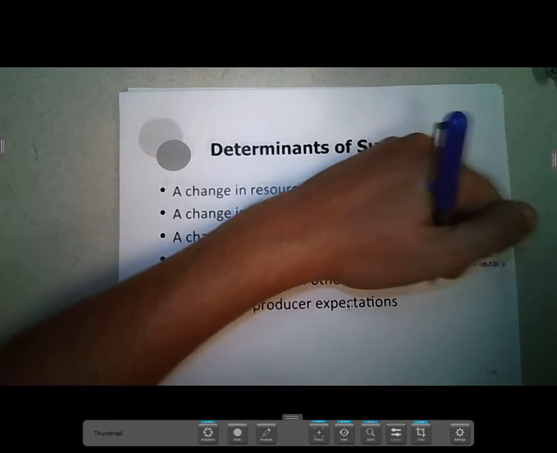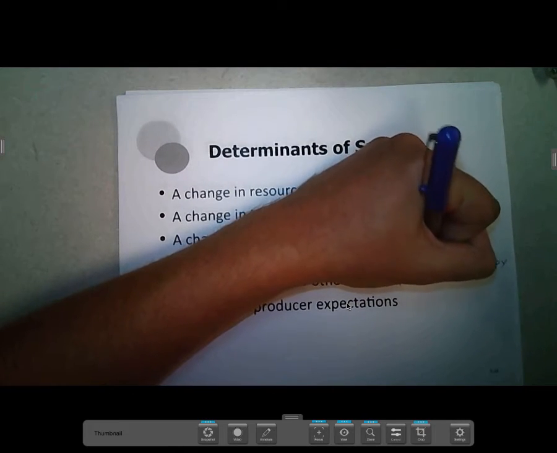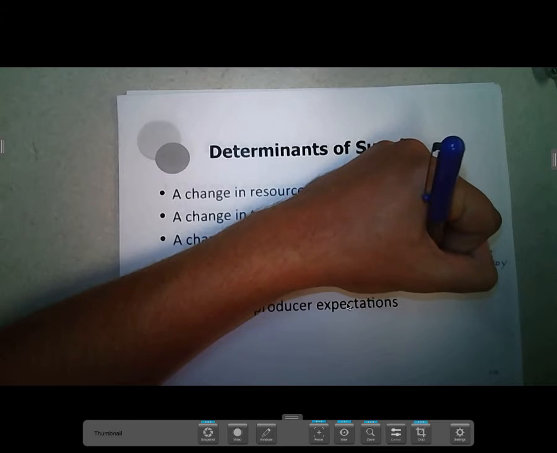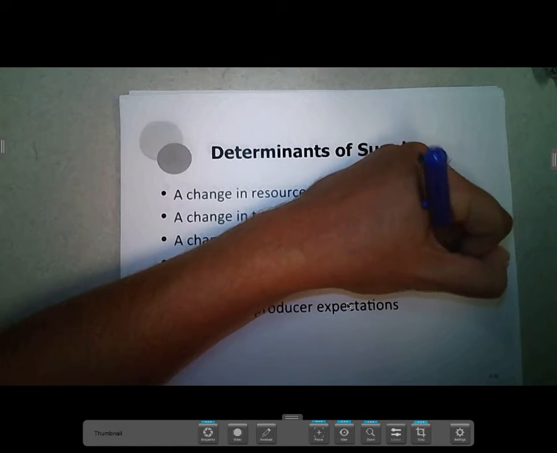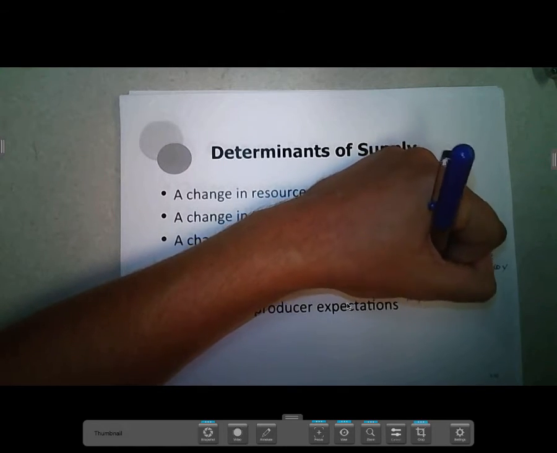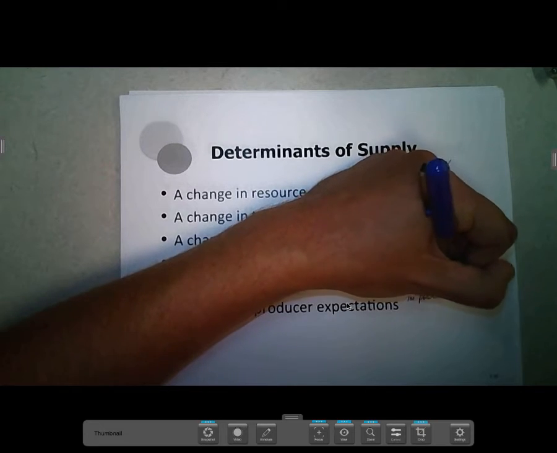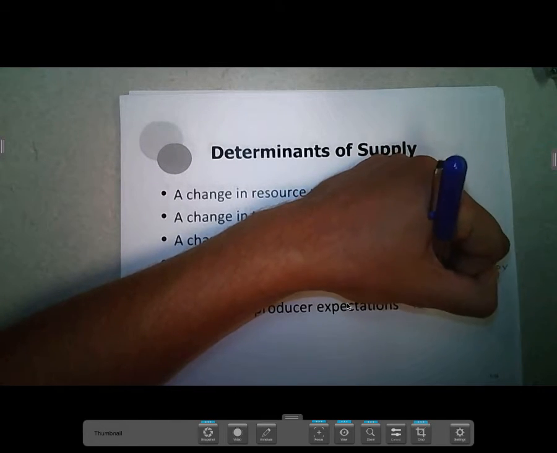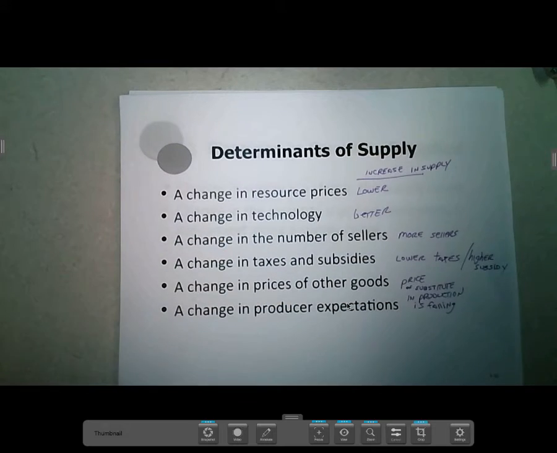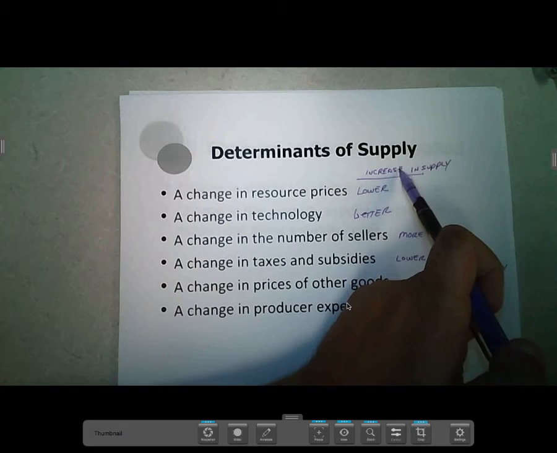So, if the price of a substitute in production is falling, meaning that if firms can make cars or trucks, but cars are not making them a lot of money, then they're going to make more trucks.